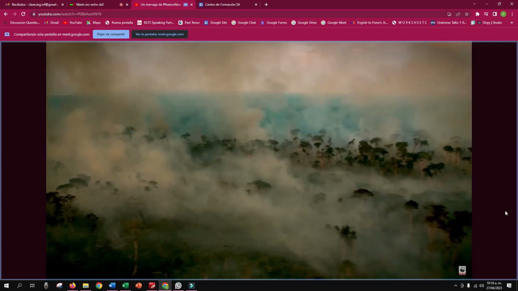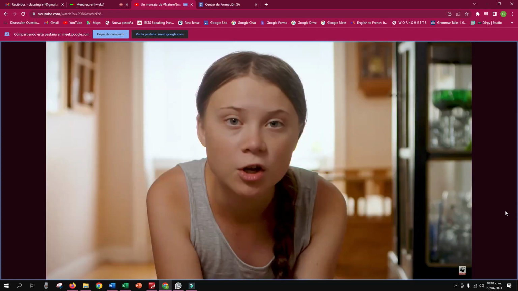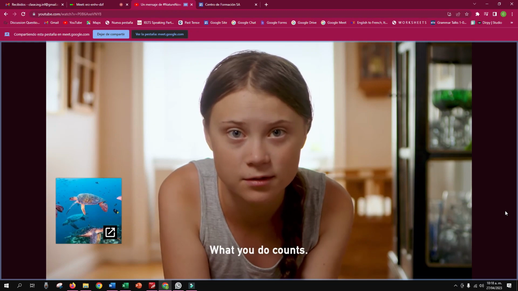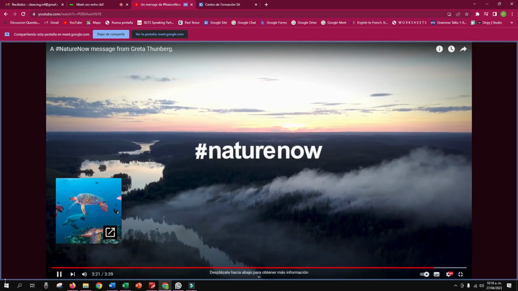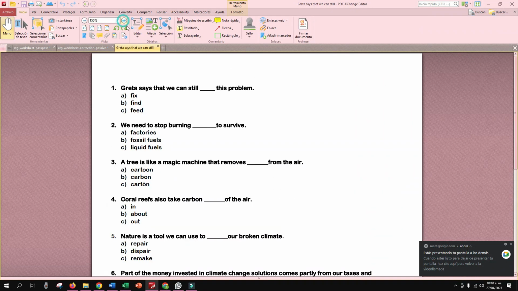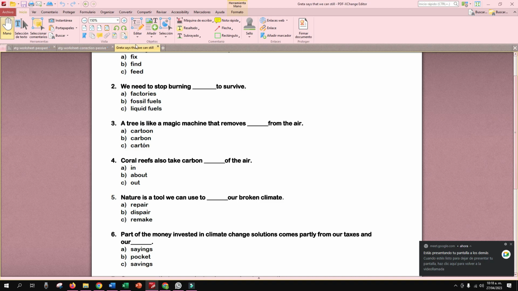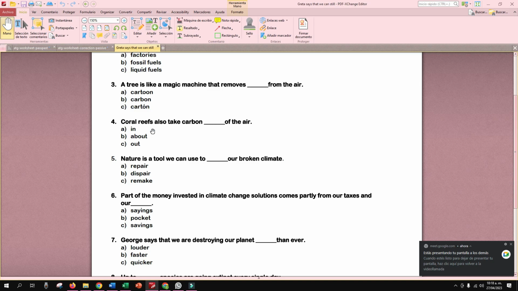Everything counts. What you do counts. We have the first one. Greta says that we can still fix this problem. We need to stop burning fossil fuels to survive. A tree is like a magic machine that removes carbon from the air. Coral reefs also take carbon out of the air.